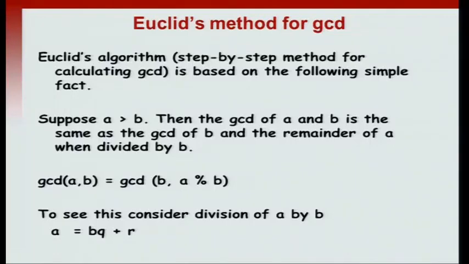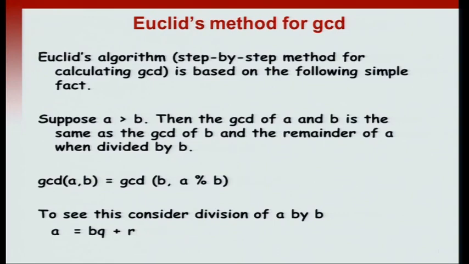So this is a slight modification of the classical Euclid's method for GCD, and it is based on the following simple fact which we have described, and you can prove this mathematically as well. Suppose you take two positive numbers a and b, where a is the larger number.